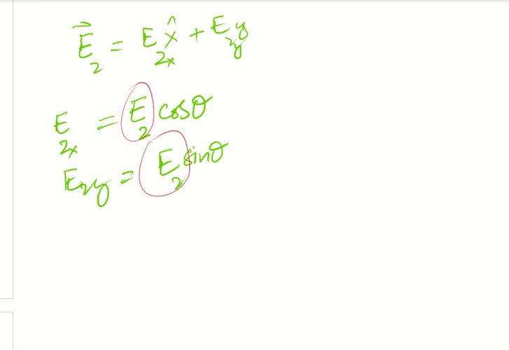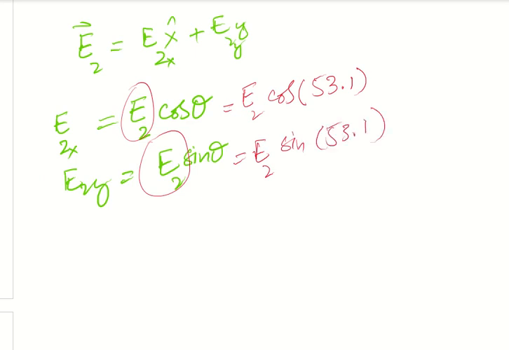So E2x will be E2 magnitude that we calculated and cos of 53.1, and similarly E2y is E2 sine of 53.1. So I use calculator in parallel. So we have now cos of 53.1.